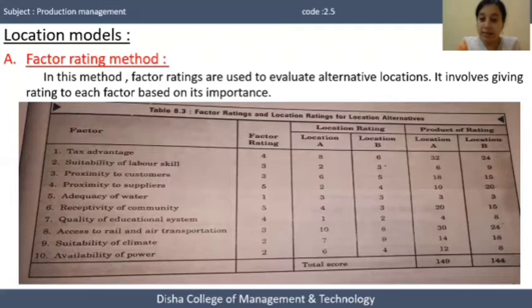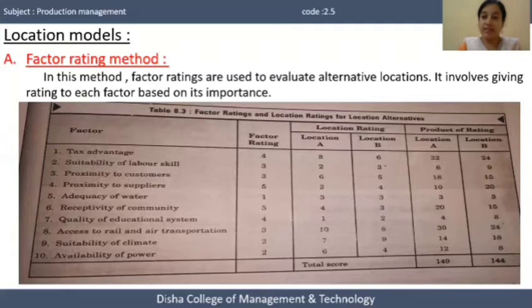So take the example of location A. In location A, he can identify the product rating of tax advantages by multiplying the factor rating, that is 4, with the locational rating at A, that is 8. So 8 into 4 is 32. After that, for getting the product rating of location B, he multiplies the factor rating 4 with the locational B rating, that is 6. 6 into 4 equals 24.